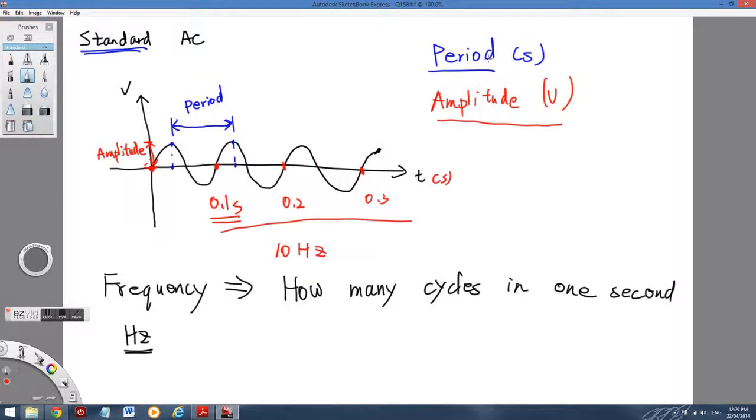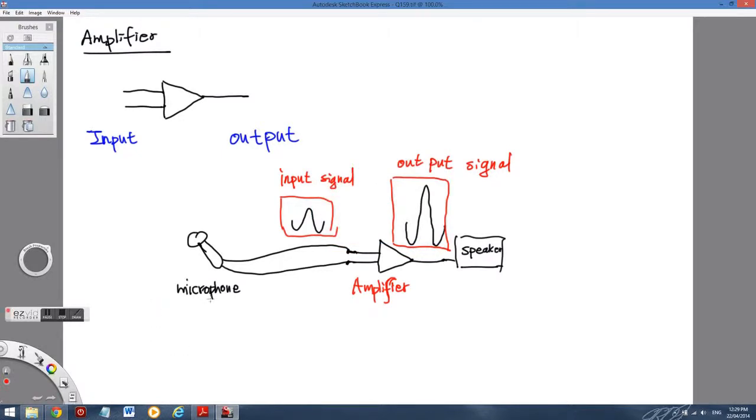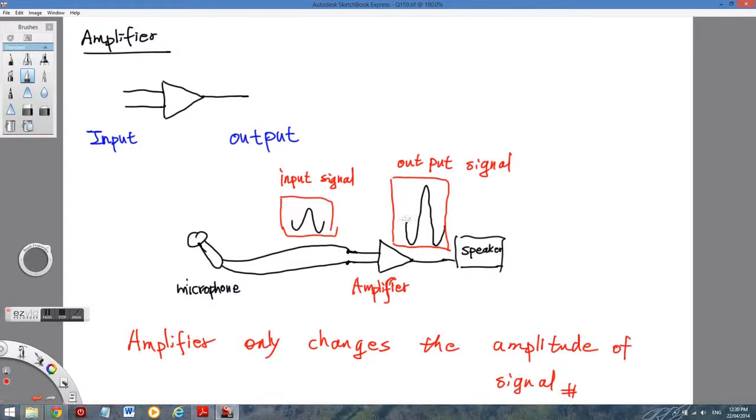It has a period, it has amplitude. The amplifier only changes the amplitude, and the period remains unchanged. It means the frequency of the sound remains unchanged. So please always remember that.